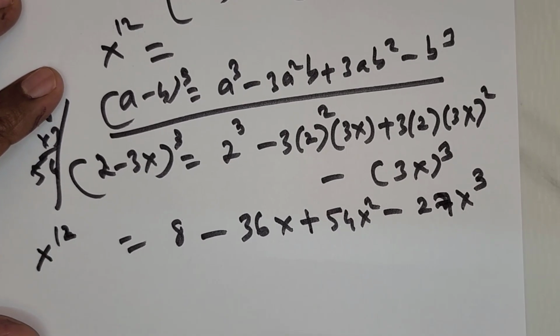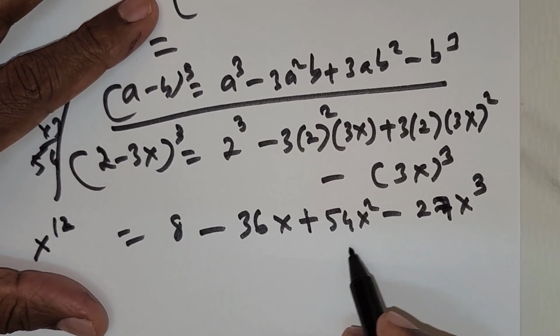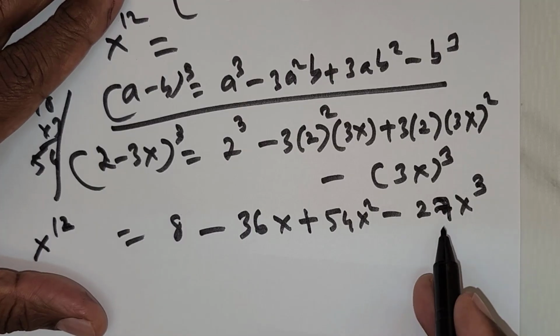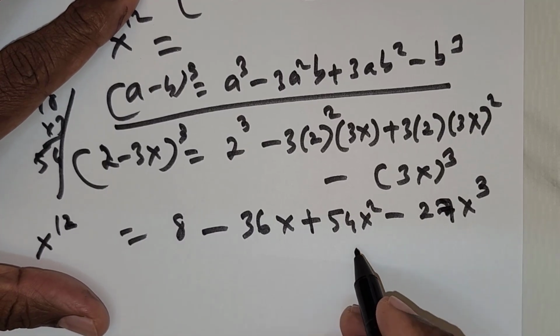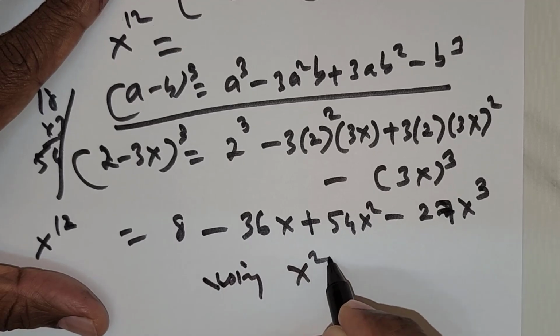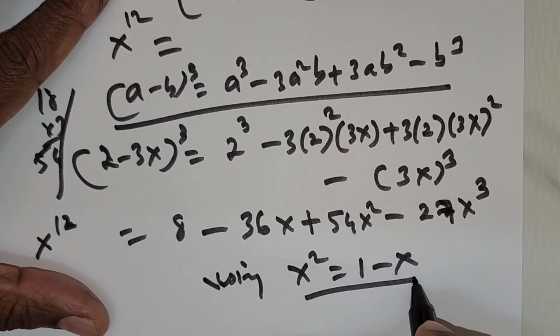You don't have to touch this, but you can get rid of these things. Now we will be utilizing this same thing, x squared is equal to 1 minus x.